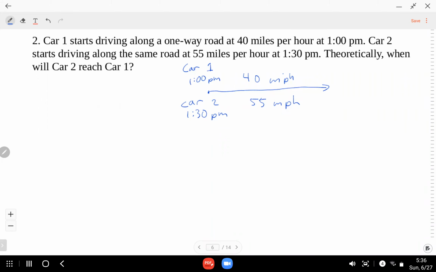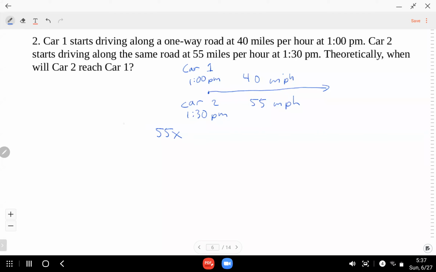All right, and this number of hours is going to be after 1:30 p.m. because car 2 drives after 1:30 p.m. So basically, we know that on one end it's going to be 55x because that's the number of hours after 1:30 p.m. And that's how far car 2 has driven.